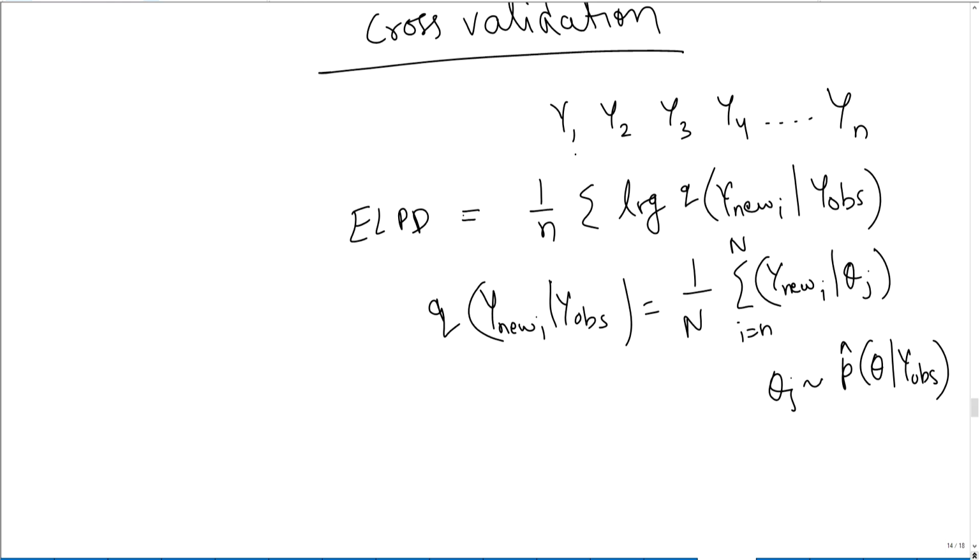Okay, but let's say you collect some data in an experiment and these are your data points. Given these data, can you calculate expected log predictive density of your model? So let's say you assume some regression model.